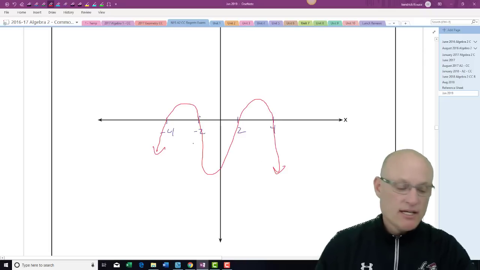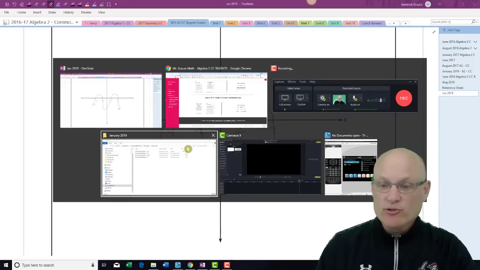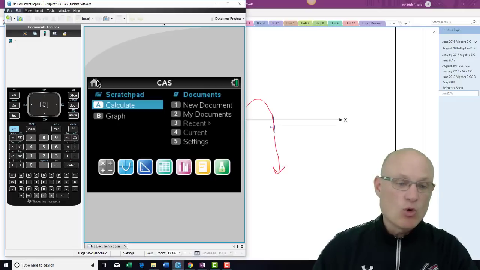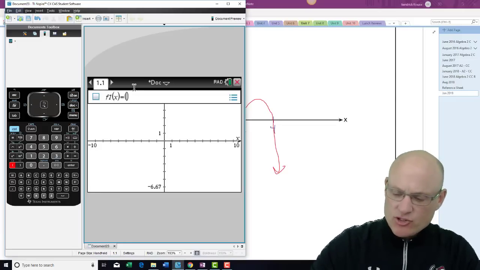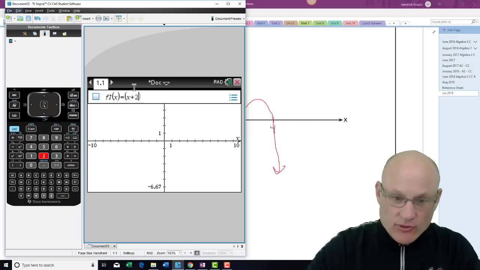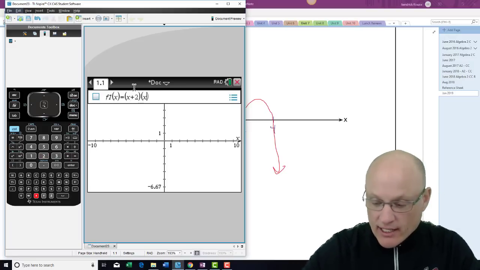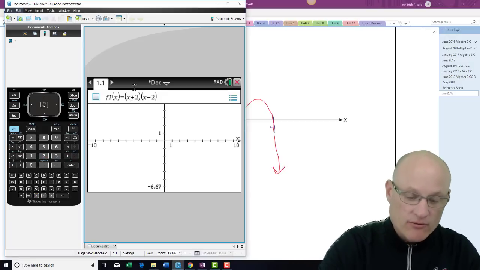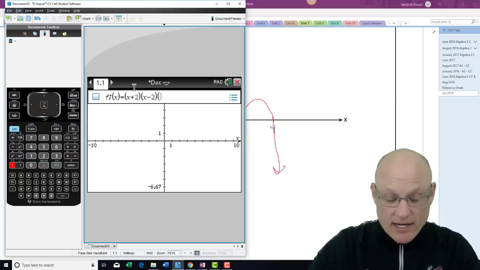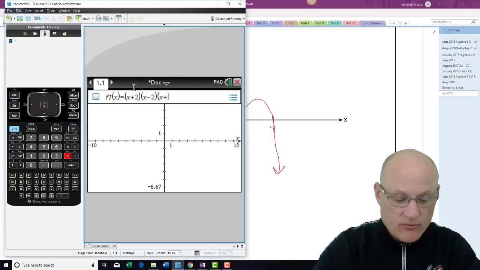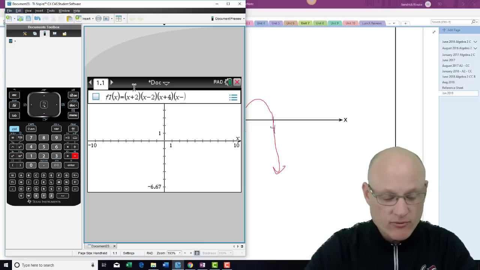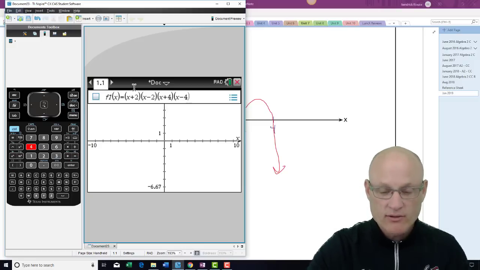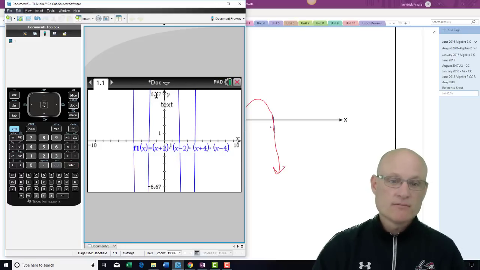Something to that effect. Now, if you want to use your calculator to help you, you got to remember one simple thing, and that's that this should be x plus 2. That's for a root of negative 2. X minus 2. That's for a root of x equals positive 2. X plus 4. That's for a root of negative 4. And x minus 4. That's for a root of x equals 4. And there's what it looks like.